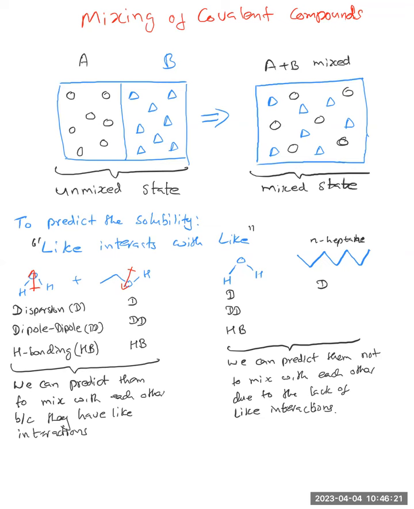So let me see if I can have a new whiteboard. Now, mixing is a process, just like any other process. We have the initial state, and our initial state of mixing is the unmixed state.